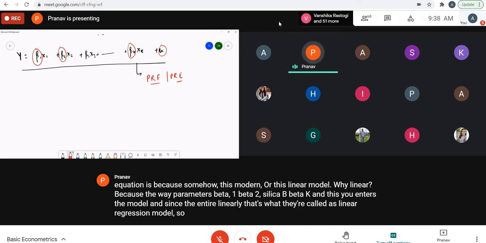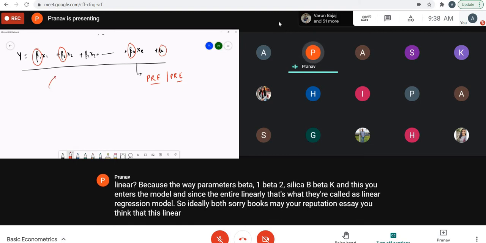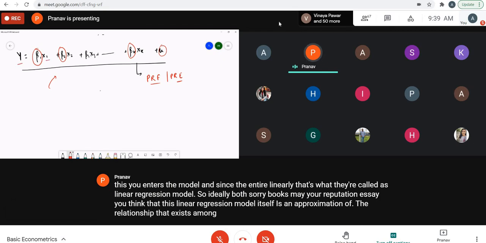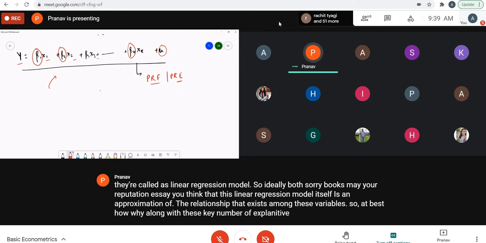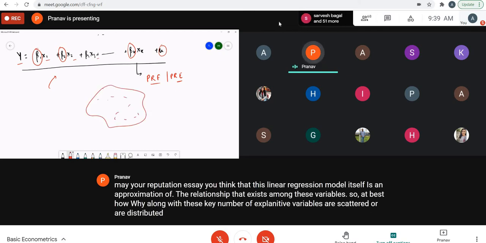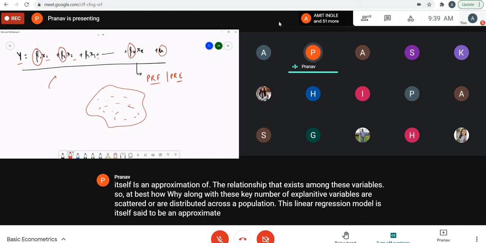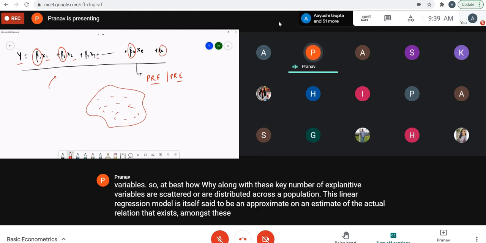Ideally, in many books there are interpretations that this linear regression model itself is an approximation of the relationship that exists amongst these variables. At best, how y along with these k number of explanatory variables are distributed across a population, this linear regression model is said to be an approximation or an estimate of the actual relation that exists amongst these variables.